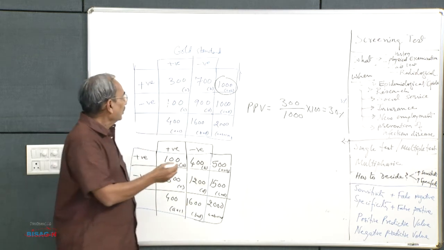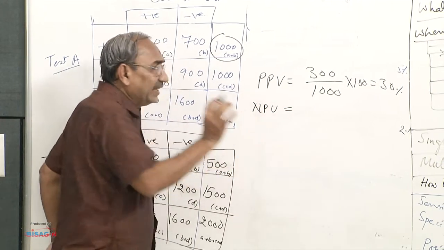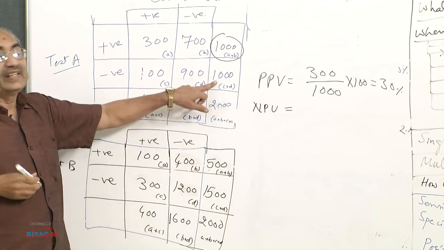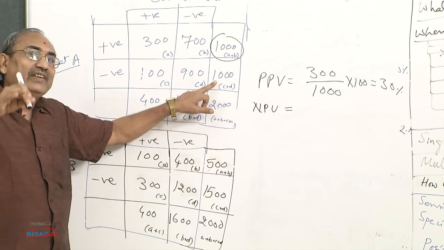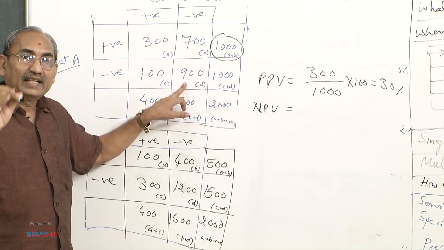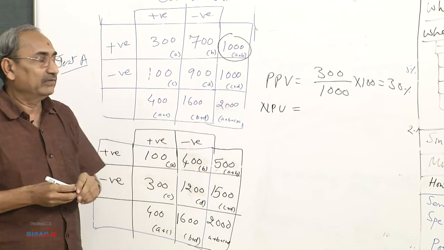And if you look at the negative predictive value, in that case same thing, the 1000 people were told yes you are negative, but actually how many were negative? 900 were negative. That means 900 out of 1000 are really negative.